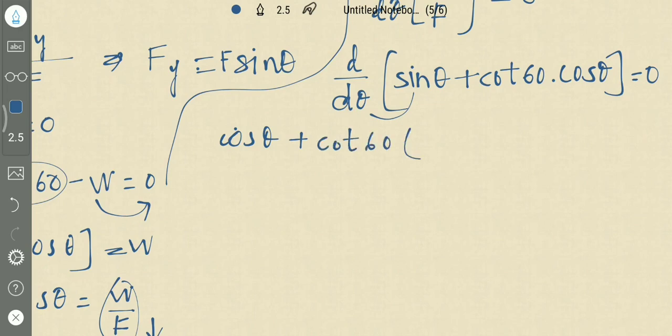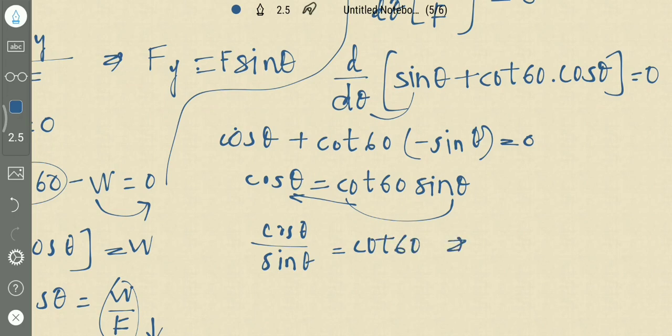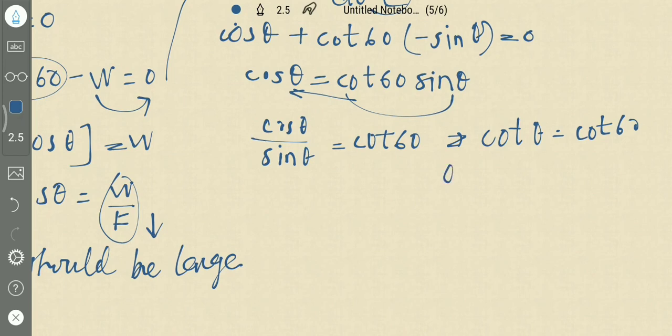If we differentiate cos theta, it is minus sin theta, equal to 0. Then cos theta is equal to cot 60 sin theta. If we send sin theta here, cos theta divided by sin theta is equal to cot 60, which means cot theta is equal to cot 60, theta is equal to 60 degrees.